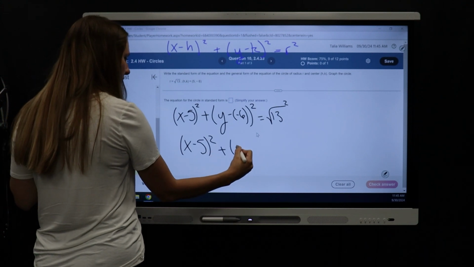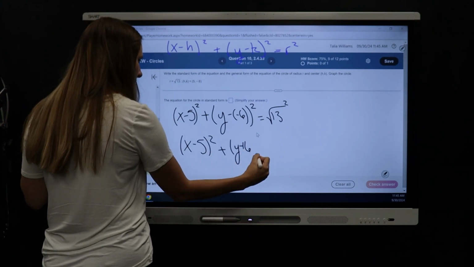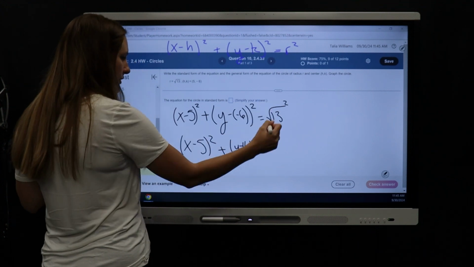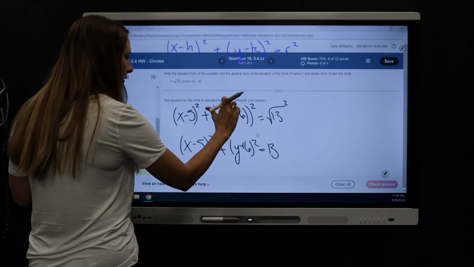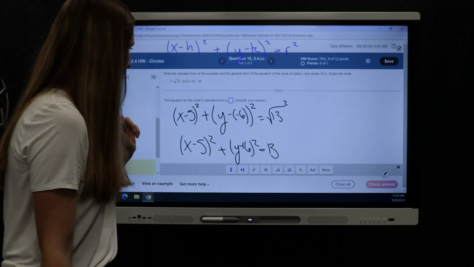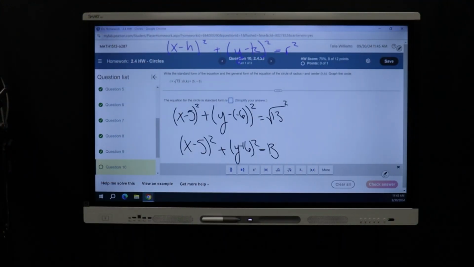When you subtract a negative, you add it. When you square a square root, it goes what? So x minus 5 squared plus y plus 6 squared equals 13.